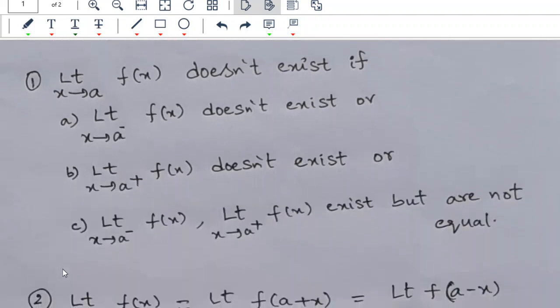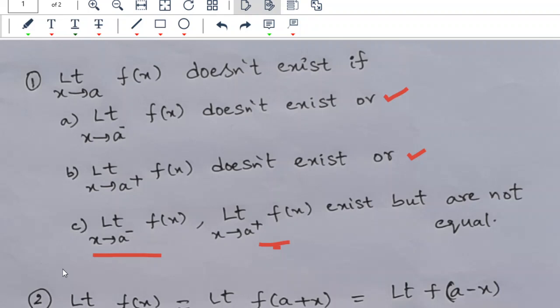So the first point is that limit x tends to a f of x does not exist only when its left hand limit does not exist or its right hand limit does not exist, or if left hand limit and right hand limit exist but they are not equal, then the limit does not exist.